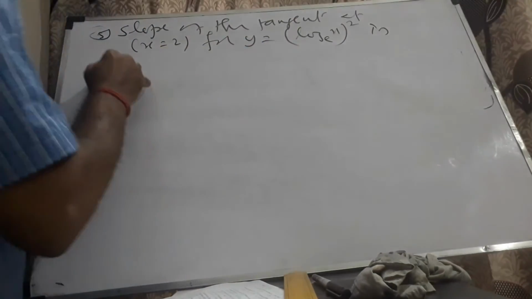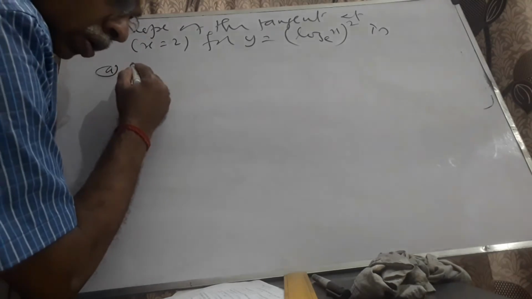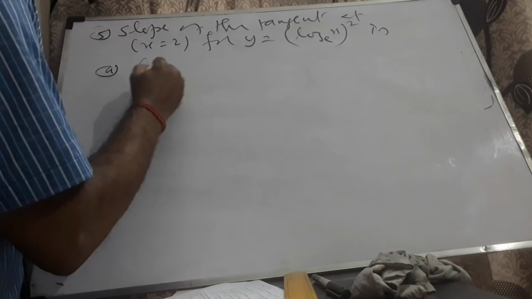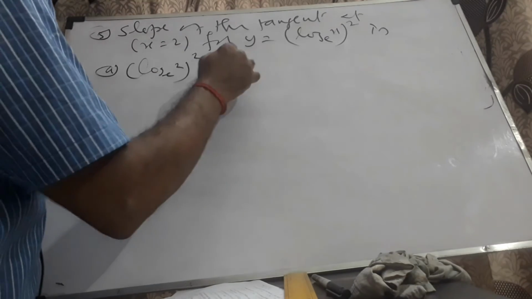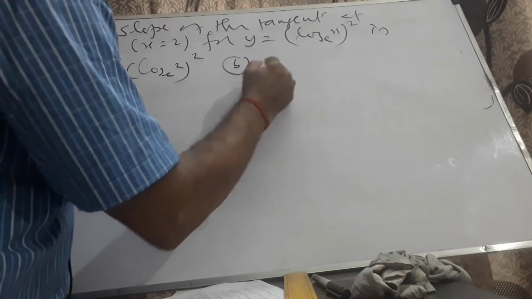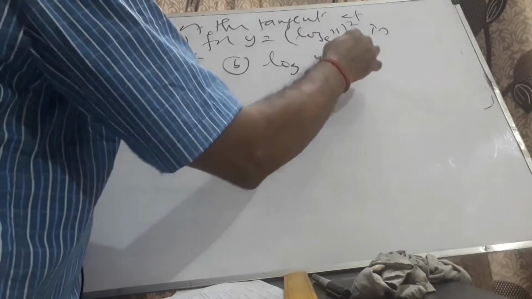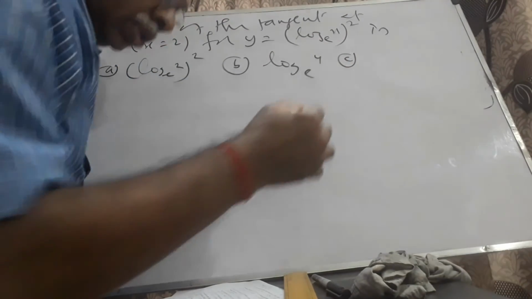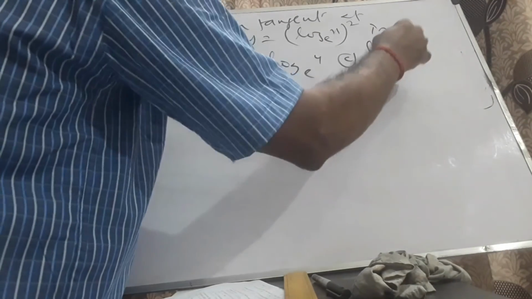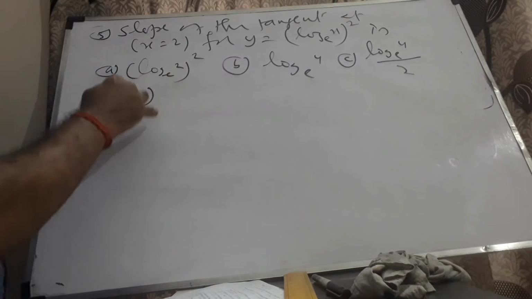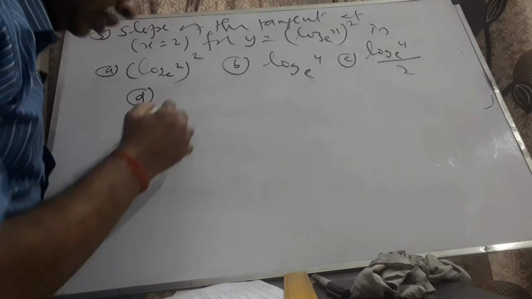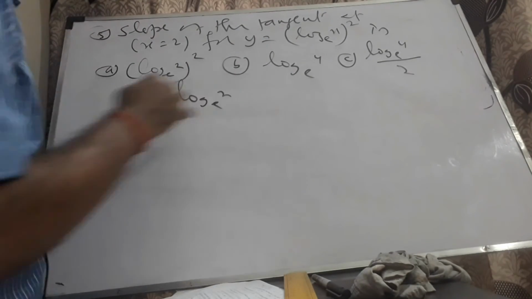Solution A, it is log 2 to the base e the whole square. Then solution B, it is log 4 to the base e. Solution C, it is log 4 to the base e whole by 2. Then solution D, it is log 2 to the base e.